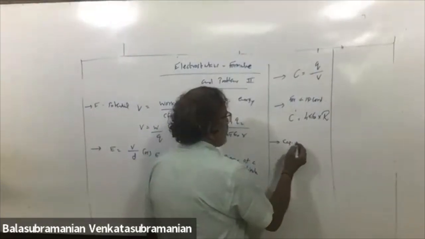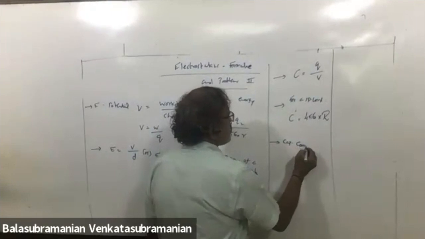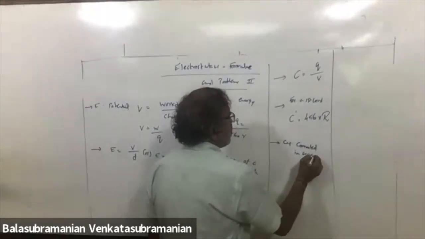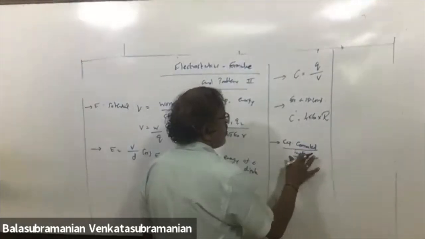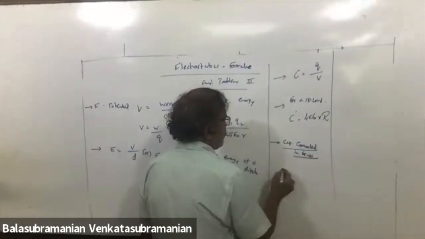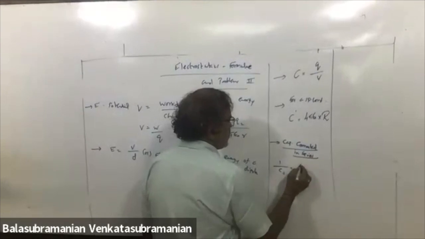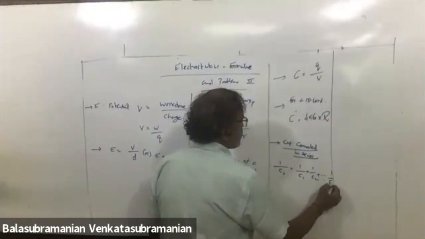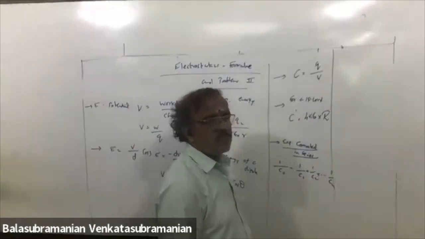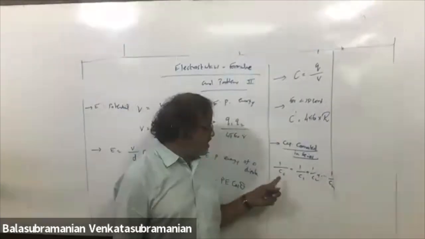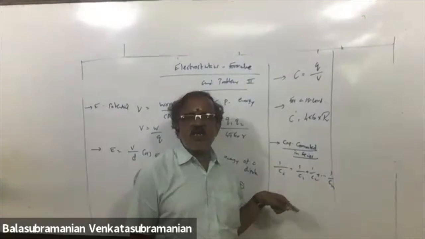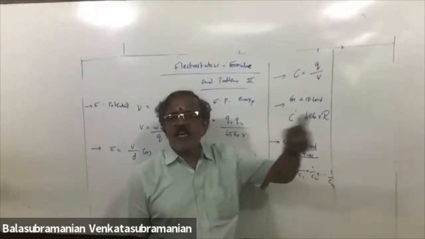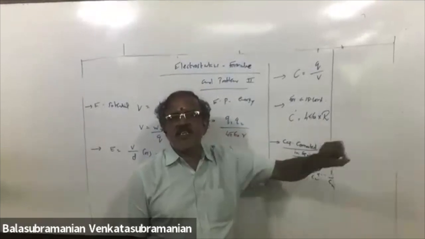Capacitors connected in series. One by CS is equal to 1 by C1 plus 1 by C2, etc., 1 by Cn. CS is the resultant or total capacitance when all the capacitors are connected in series.